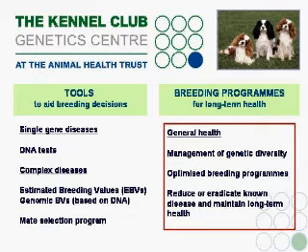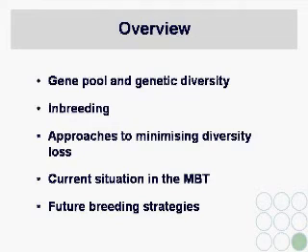But really what I'm going to talk to you about today is this idea of a breeding program or a breeding scheme for long-term health of your breed. When we're thinking about the general health of a breed, we have to think about it in terms of genetic diversity and managing genetic diversity within the breed. If we have a disease in the breed that we want to get rid of, obviously we're going to select against that disease.